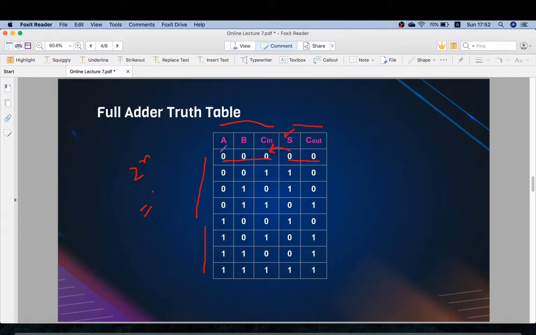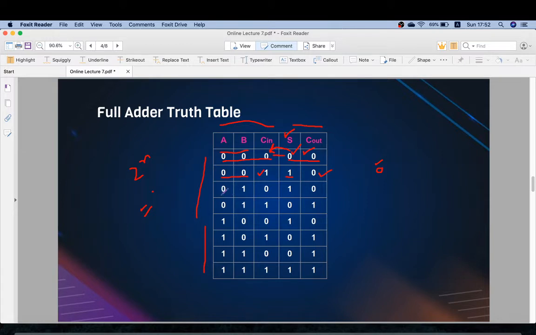So let's start. 0 plus 0 is equal to 0, and then 0 plus 0, it's 0. Now 0 plus 0 is equal to 0, and this 0 plus the carry in, this 0 plus 1 is 1. So what will be the carry? The carry is also 0 because no variable is remaining there.